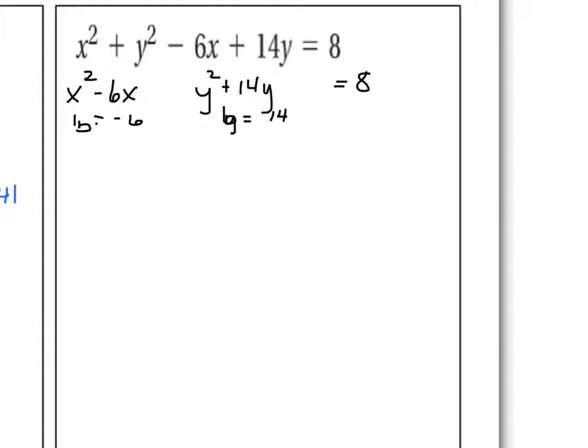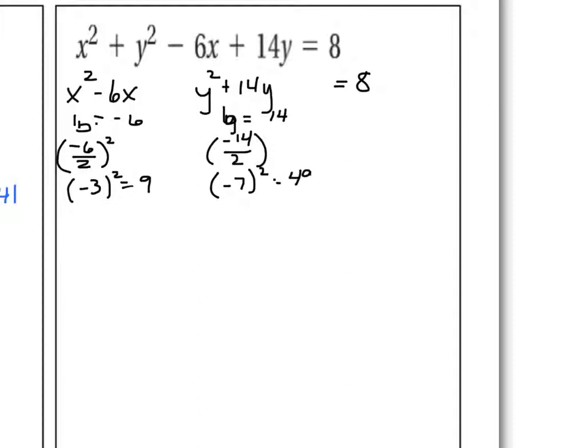So I'm going to take negative 6 divided by 2 and square it. So I end up with negative 3 squared, which ends up being 9. Over here, I'm going to take 14 divided by 2, which is 7, and square it, which is 49.